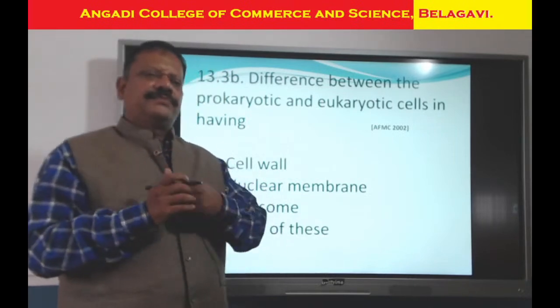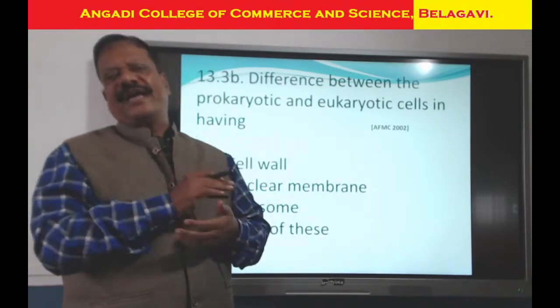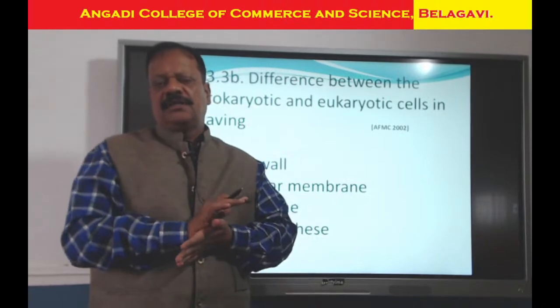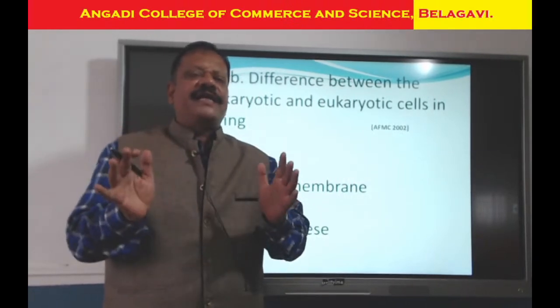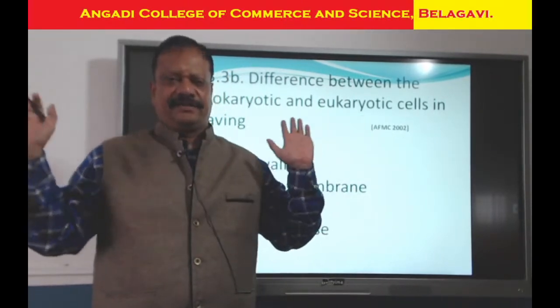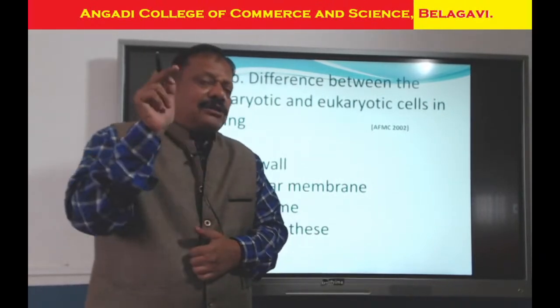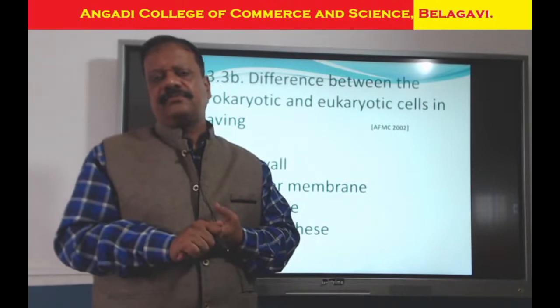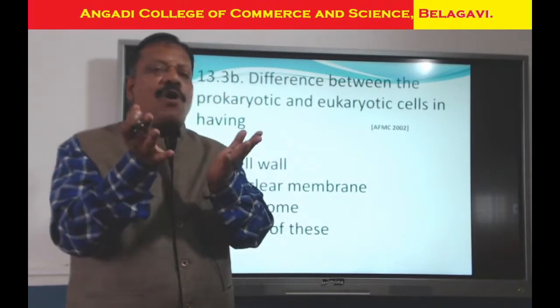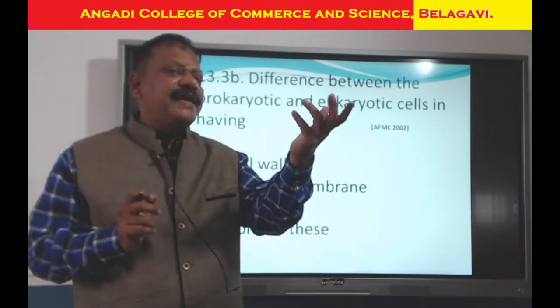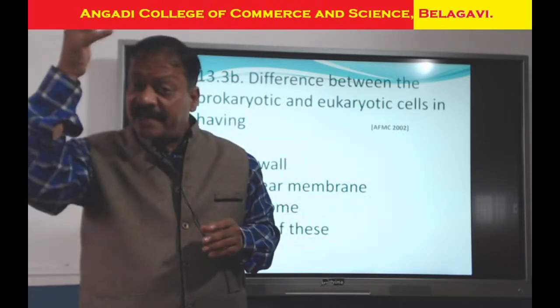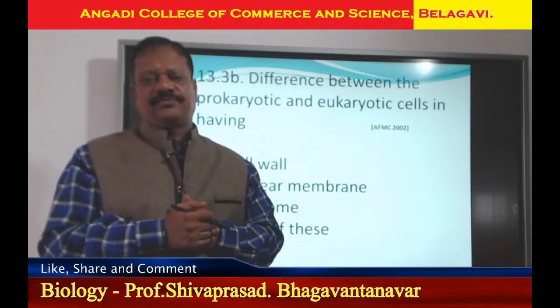In prokaryotes, the membrane-bound organelles are totally absent. Nucleus is also one of the organelles. A membrane-bound nucleus is not seen in prokaryotes, but it is seen in eukaryotes.